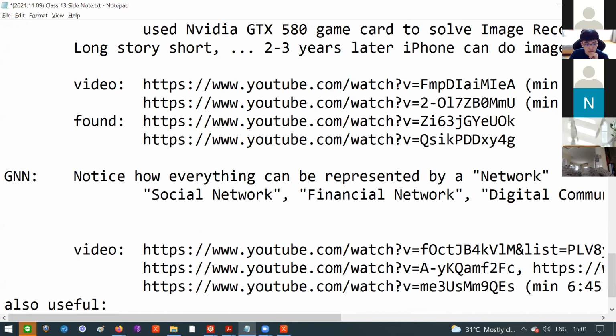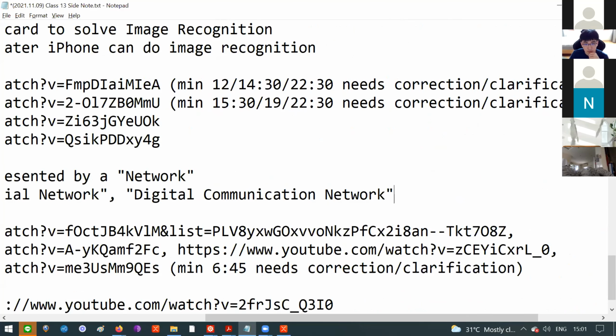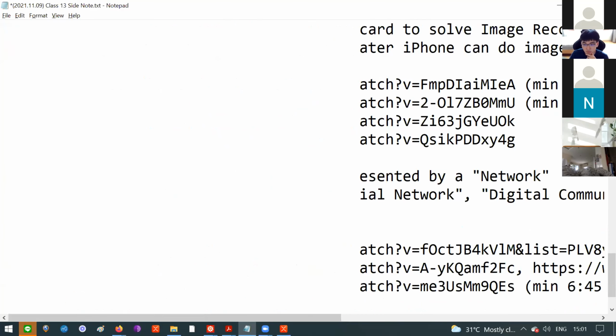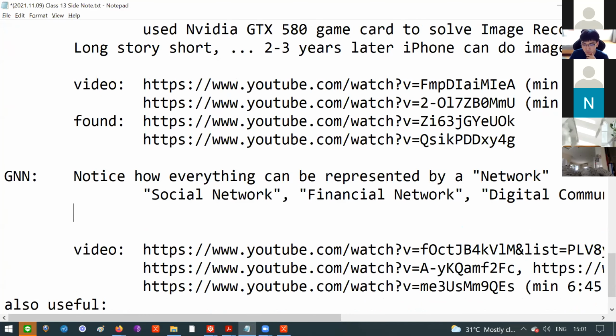What else? All kinds of stuff. Everything is a network, right? So how do you analyze a network? How do you analyze network?